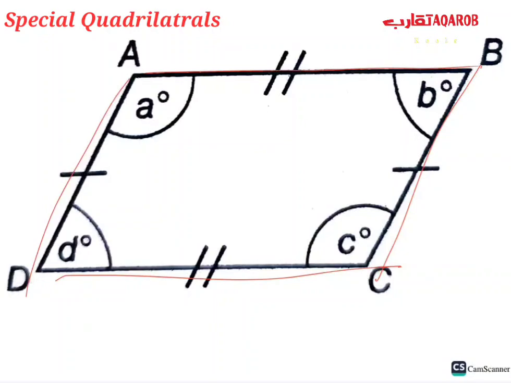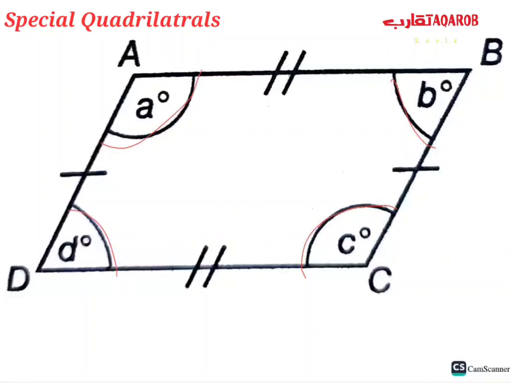Opposite sides are congruent, so the same thing, AB congruent to CD and AD congruent to BC. Opposite angles are also congruent, so angle A is congruent with angle C and angle B congruent to angle D.